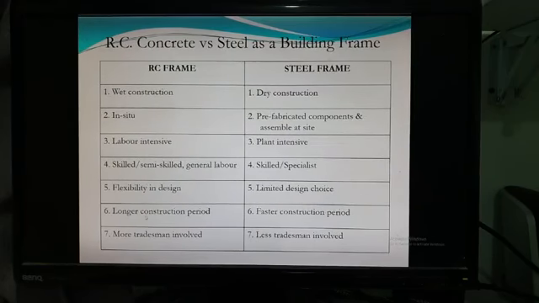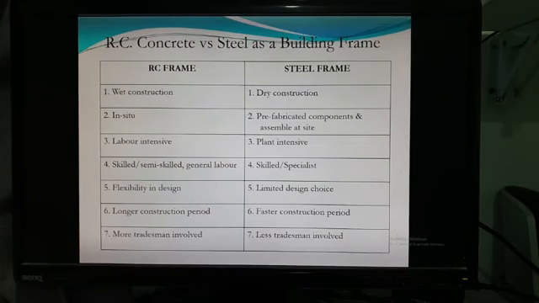In terms of duration, of course, RC would need longer construction period because of the curing process. And steel, you do not need that because it comes already finished, the components. And then RC, we need more tradesmen.